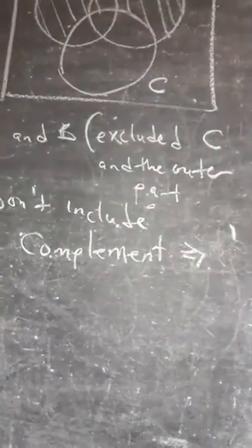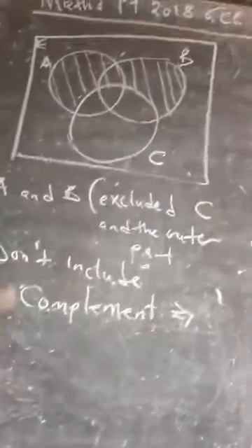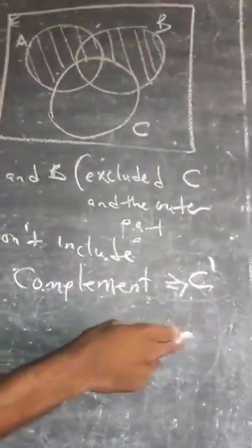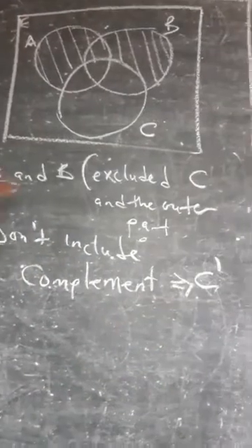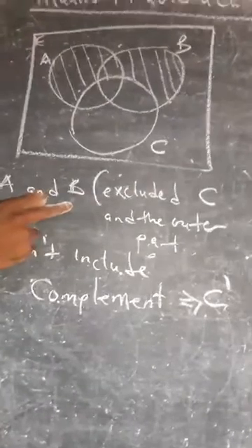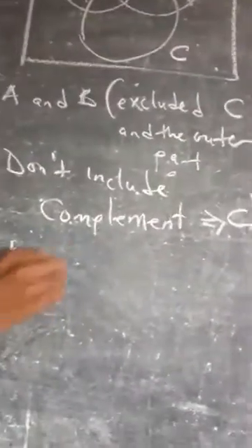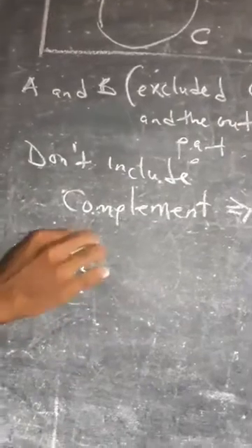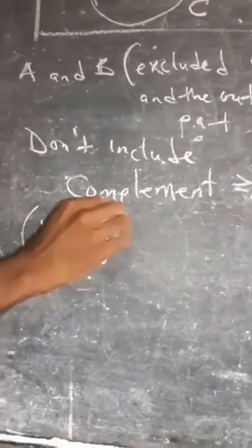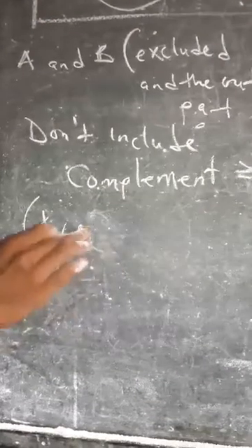Like that. So they have not shaded C and the outer part. So since they have shaded A and B, that means it will be A union B. That's the first one.